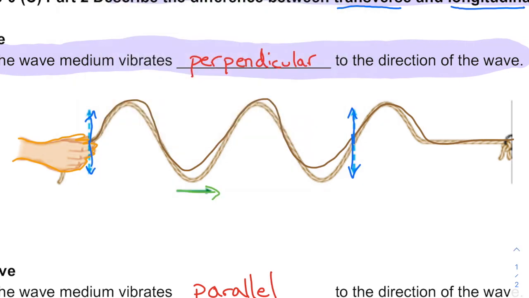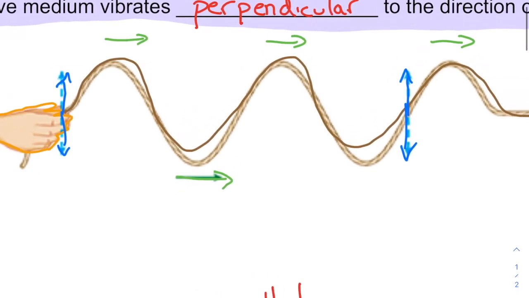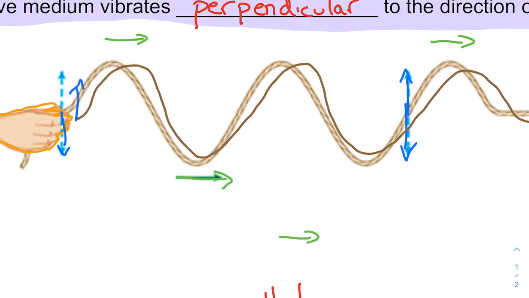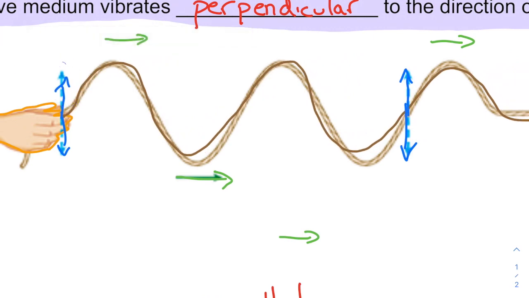Where these crests are, these waves are moving down the line. If I were to capture the direction of the wave in green and the vibration of the wave medium in blue, look at these two motions.